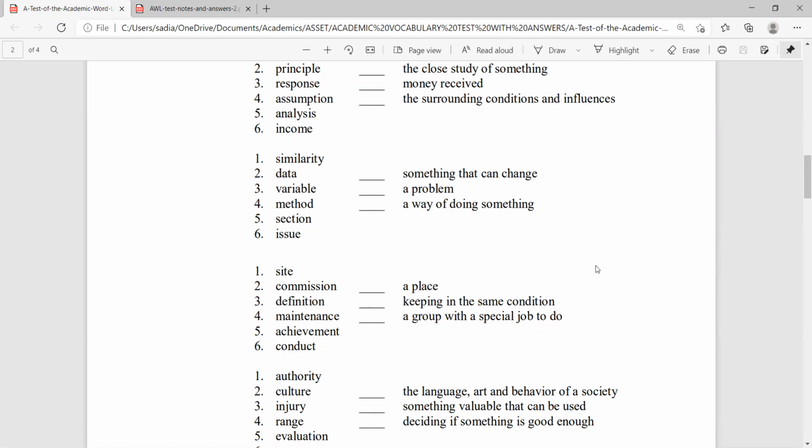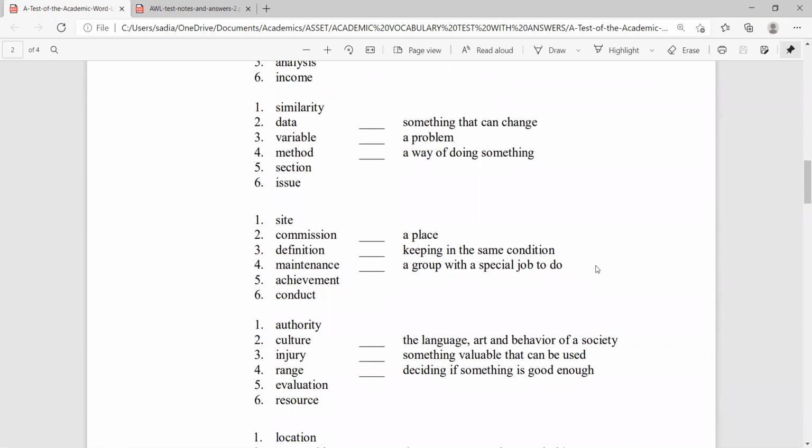Second set. Now proceed to the third set. If you have written the answers to the second set, proceed to the third set.